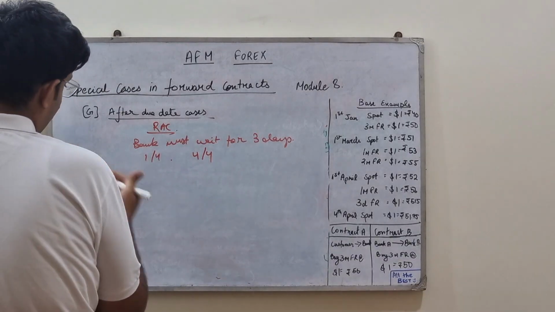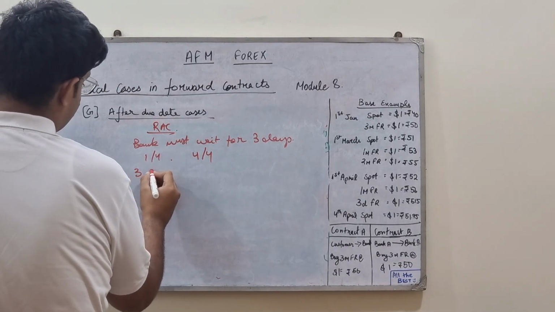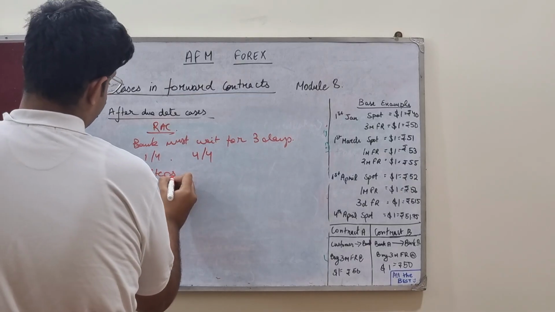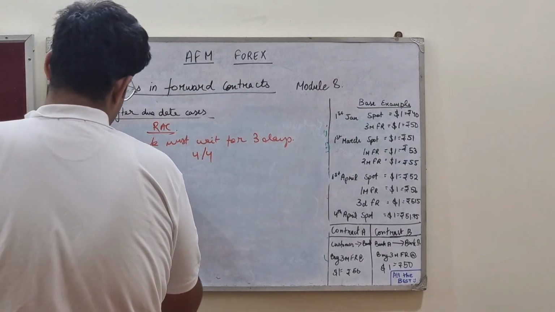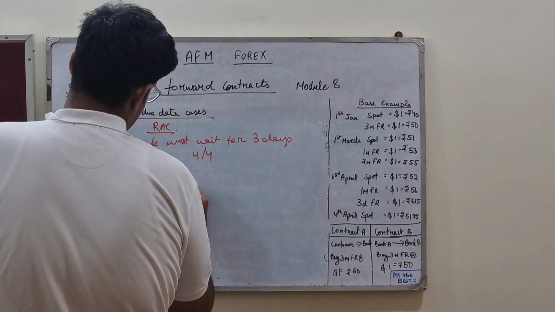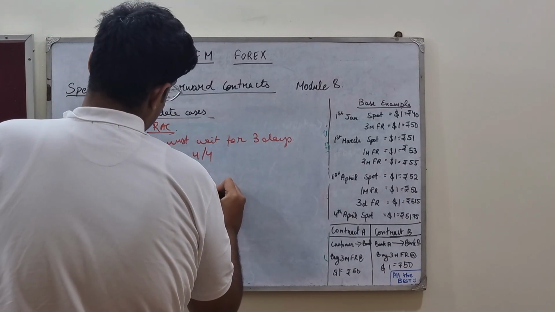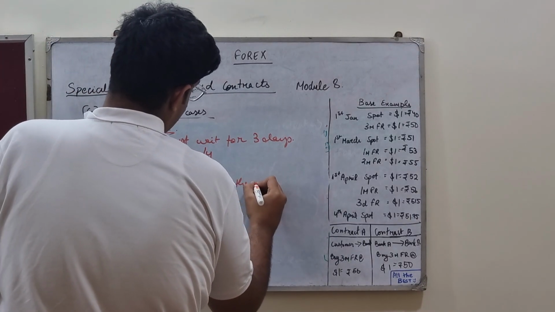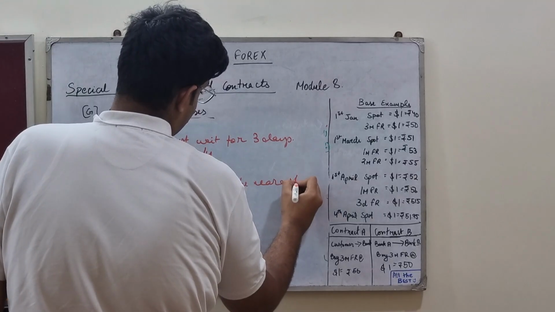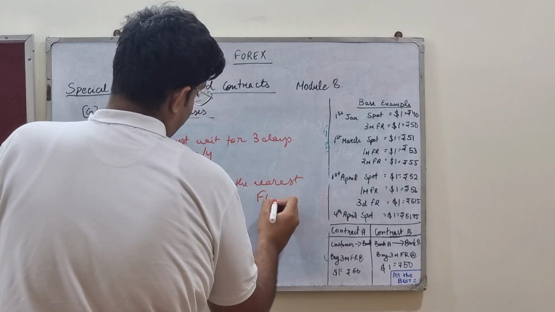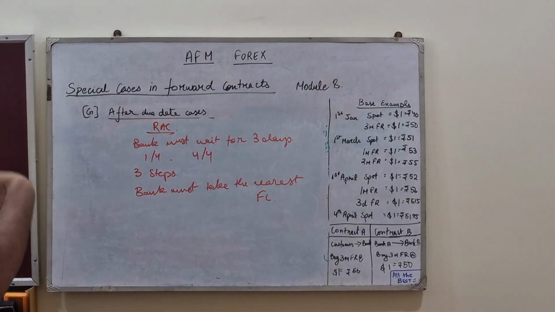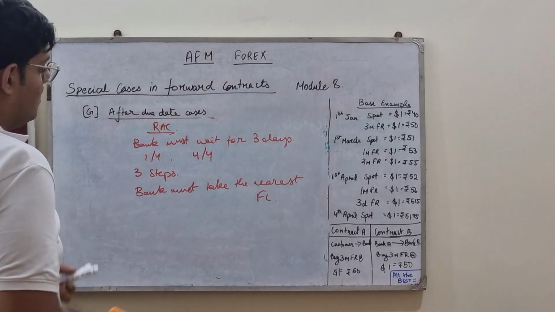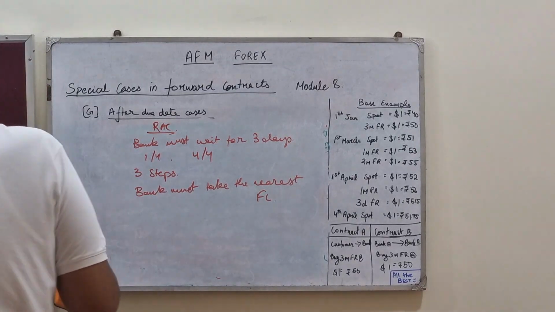Then the bank has to follow the 3 steps. Alright, and the bank must take the nearest forward contract. Okay, you're gonna understand all 3 of these as and when we move ahead.